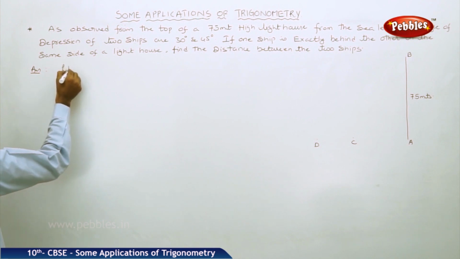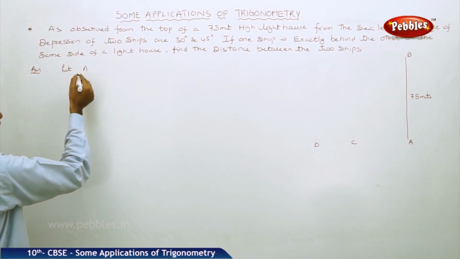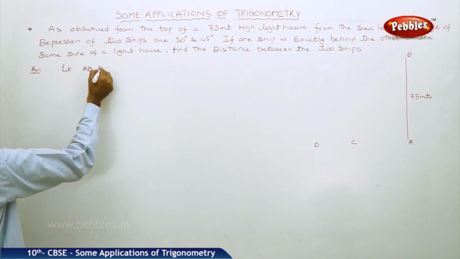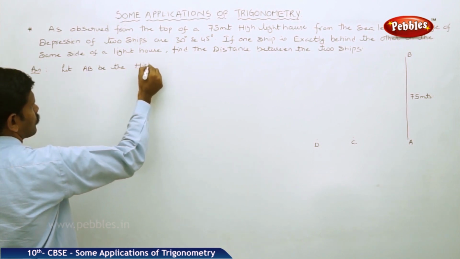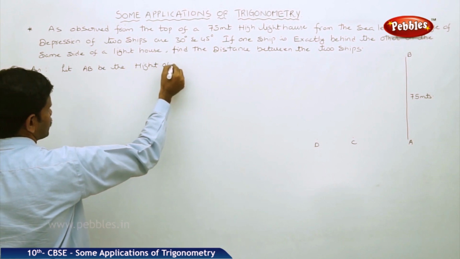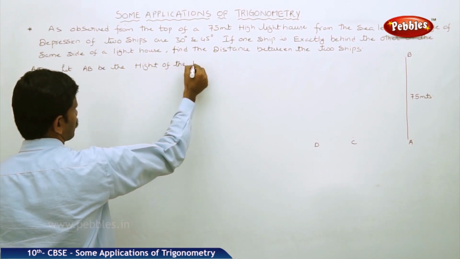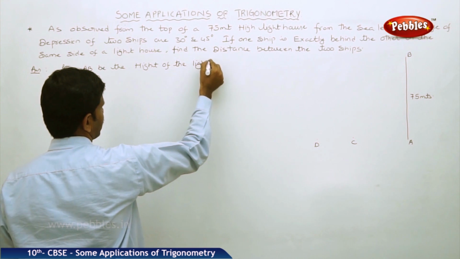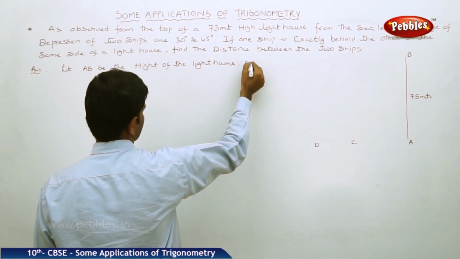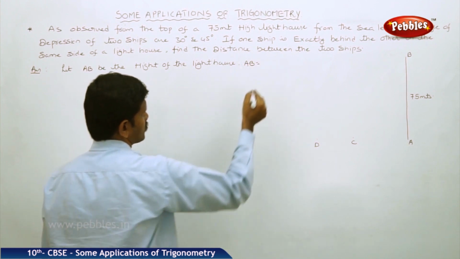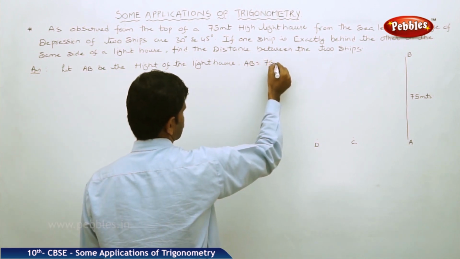Let AB be the height of the lighthouse, and AB is equal to 75 meters.